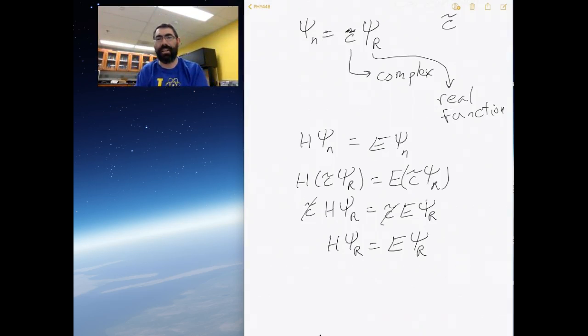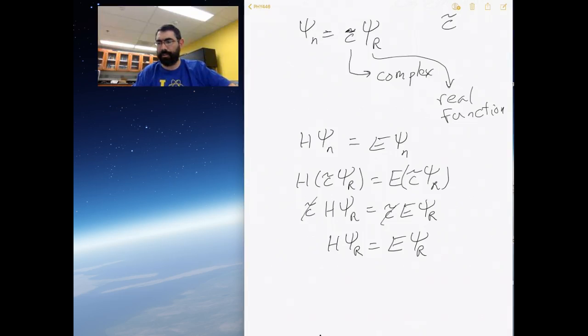So in the end, that's what Theorem 16 gives us: in this particular case, we can either solve for psi n, which we know is a complex function, or we could take all the complex numbers out and put them into a constant, and then solve in terms of a real function.